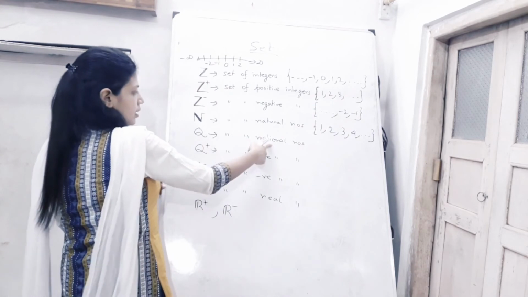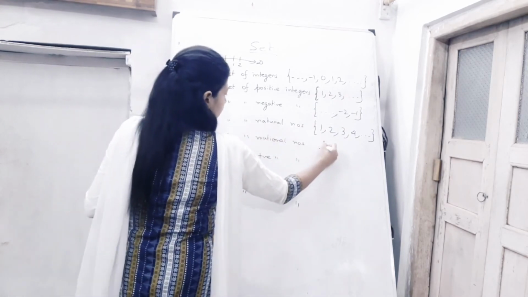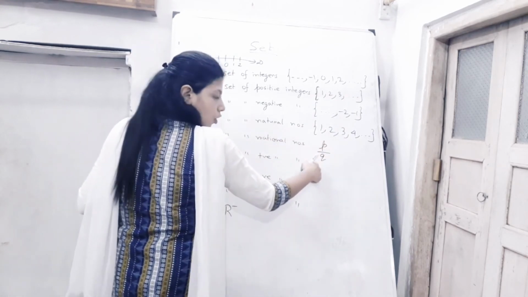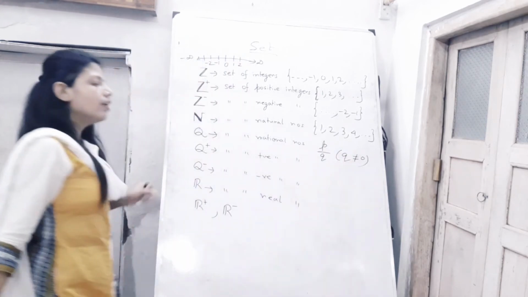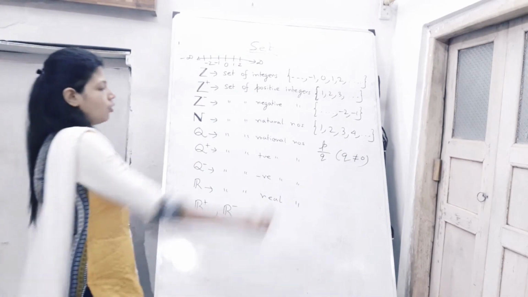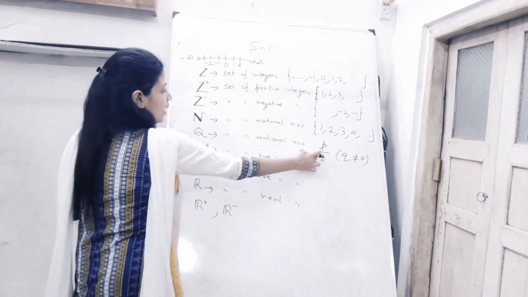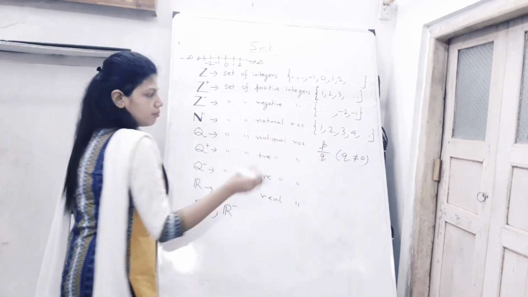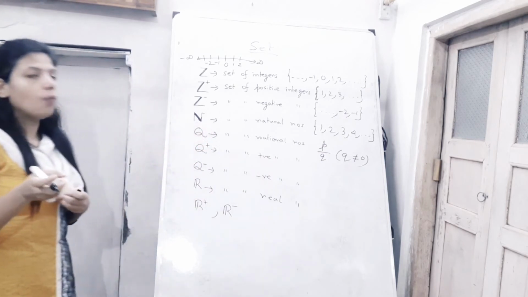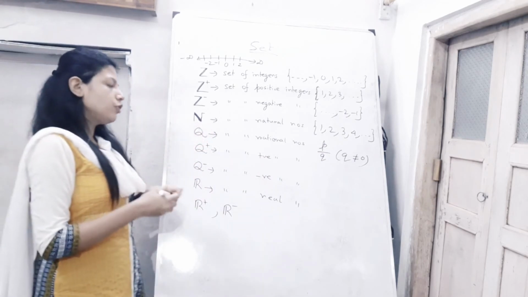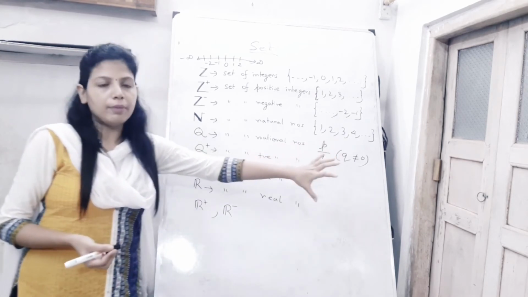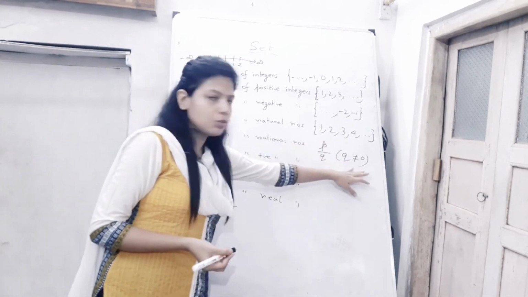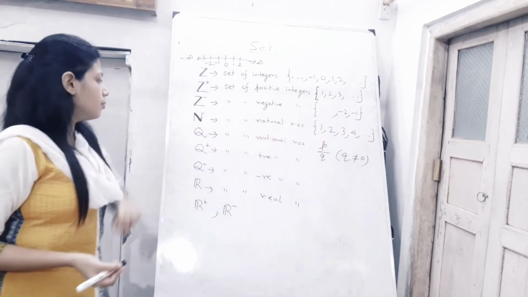Q is the set of rational numbers. The numbers which can be written in P by Q format, where Q is not equal to 0, are called rational numbers. Here P and Q should both be co-prime, and Q not equal to 0, then it is called a rational number.